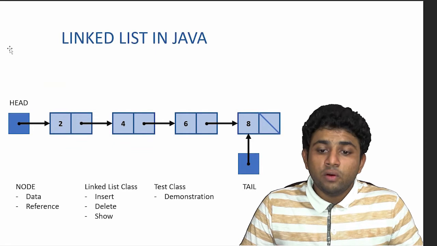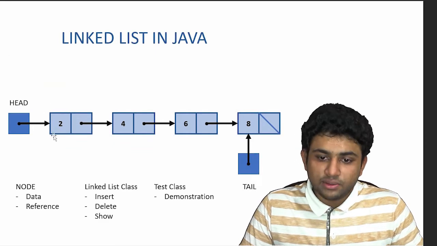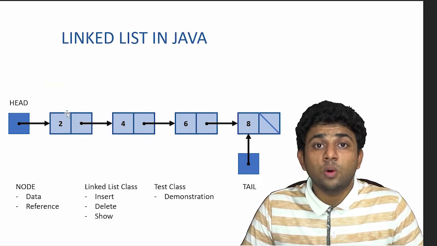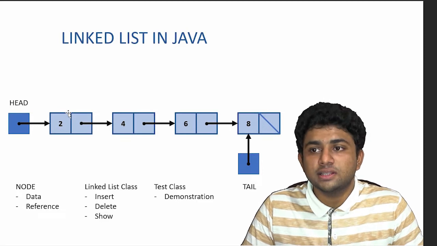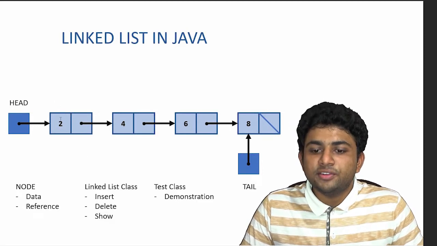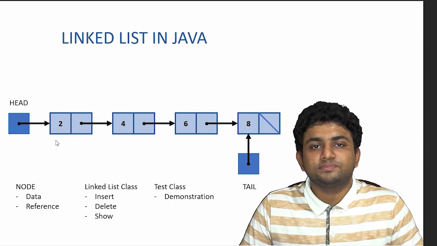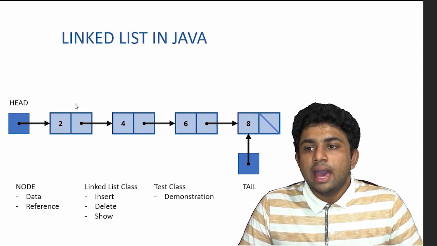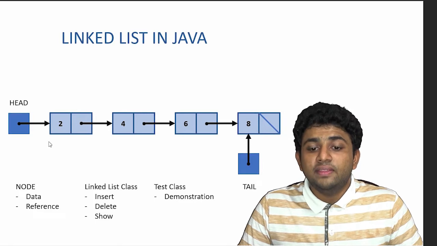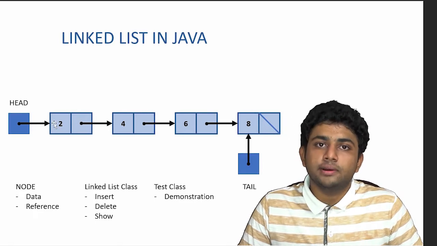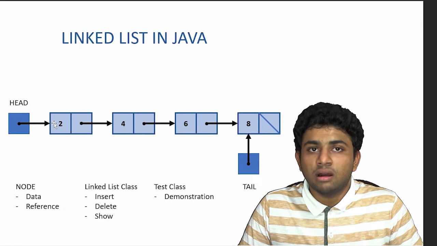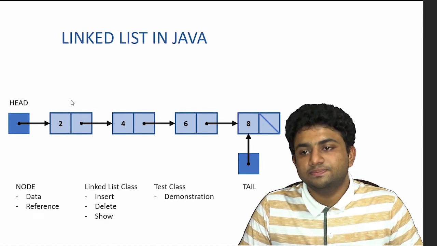Before moving into that, I need to tell you that we talked about the head node, which is going to be the first node. This will be the entry point of a linked list. We should note that the head is just a reference to the first node and it's not a separate node.